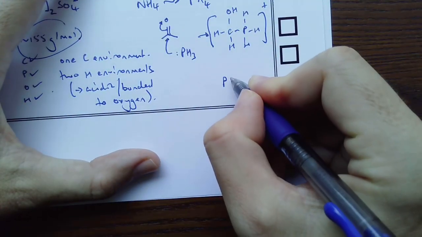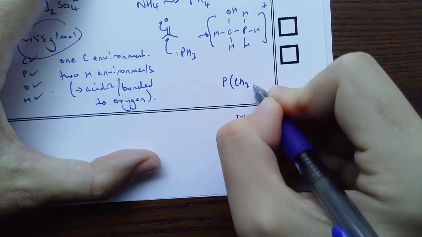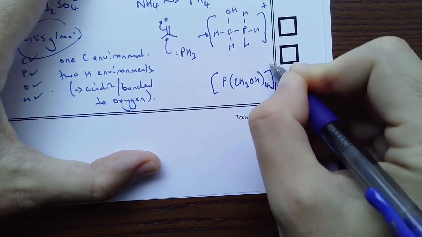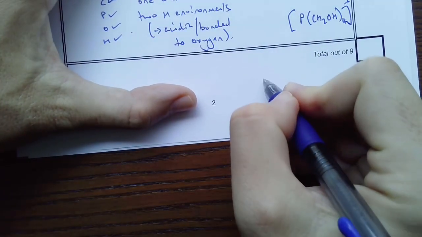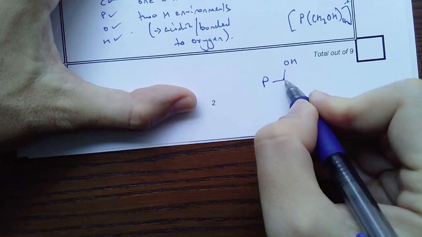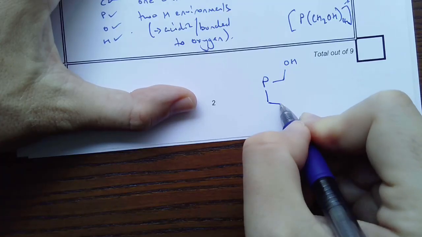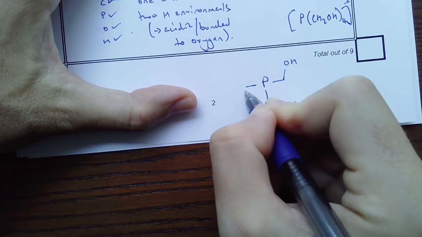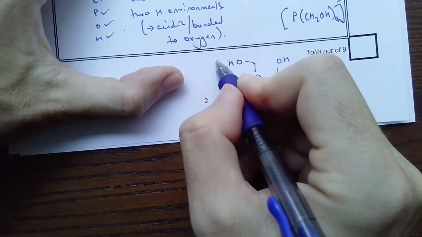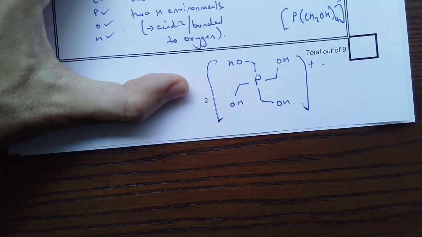So what's going to happen is you're going to end up with C, H2OH4 plus, which is going to be P(OH) four times, and always with the brackets, don't forget those.